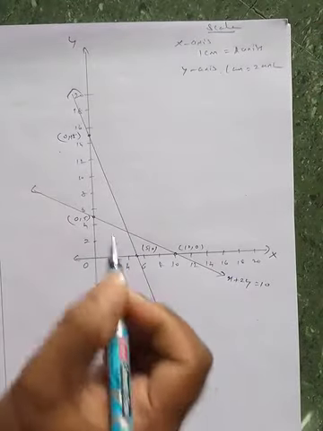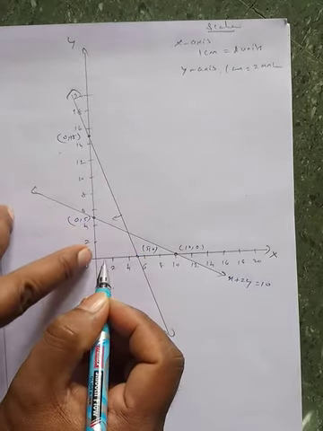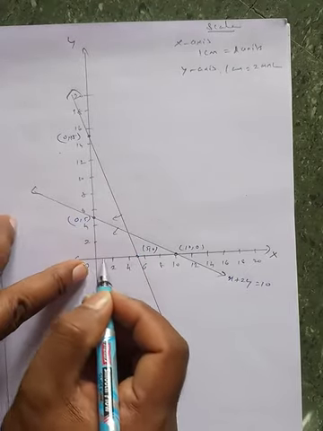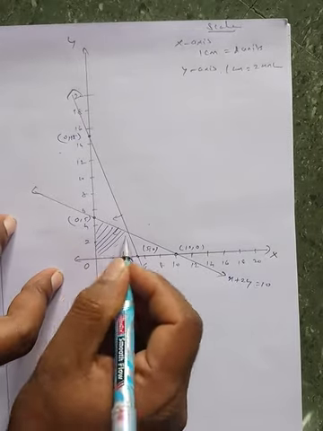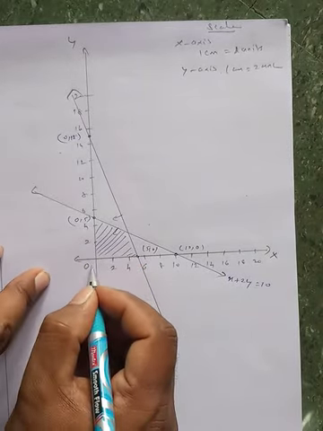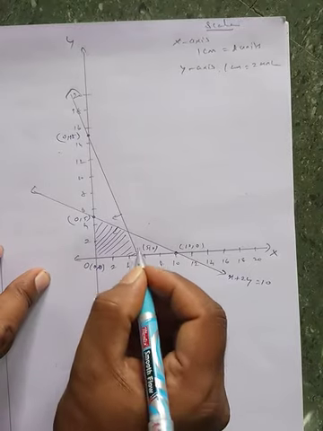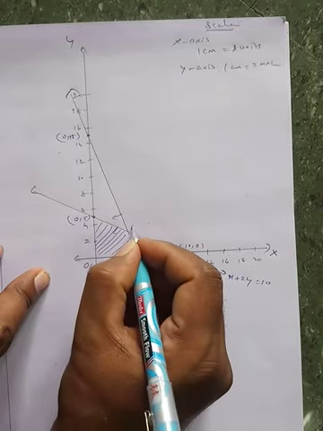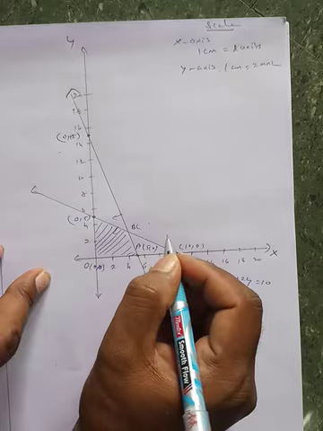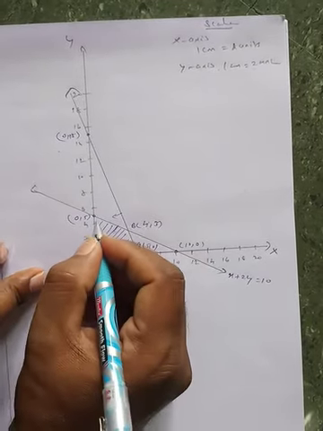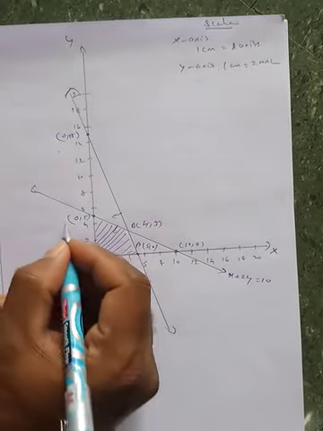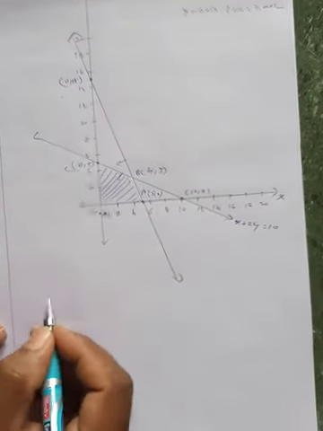Now here the solutions are towards the origin, here also towards the origin, and lie in the first quadrant. So the common region has corner points O (0, 0), A (5, 0), B the point of intersection (4, 3), and C (0, 5).